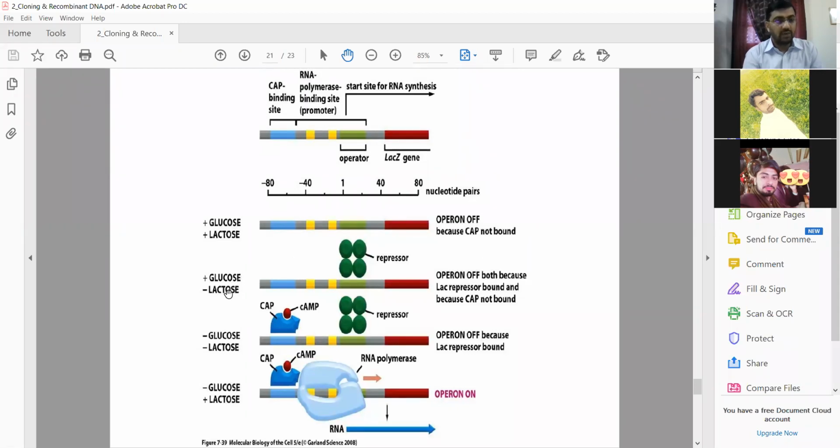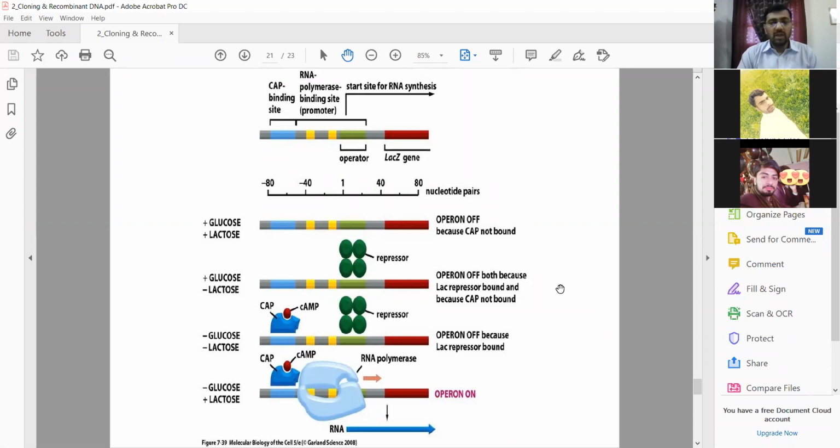While in the other case, when lactose is not available but glucose is available, the repressor protein would remain attached to the operator, and this would inhibit the attachment of the RNA polymerase and further transcription. So again, in this case, when there is ample glucose available, the operon would remain off.